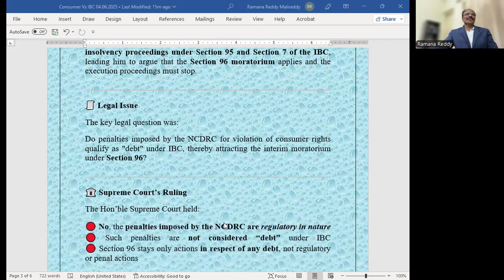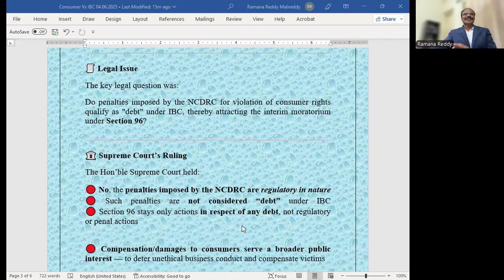So, we'll see the Supreme Court ruling. The Honorable Supreme Court held: no, the penalties imposed by NCDRC are regulatory in nature. Such penalties are not considered a debt under the IBC. Section 96 covers only actions in respect of any debt, not regulatory or penal actions.